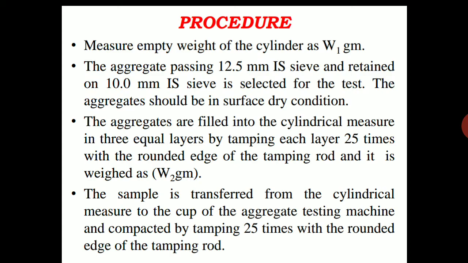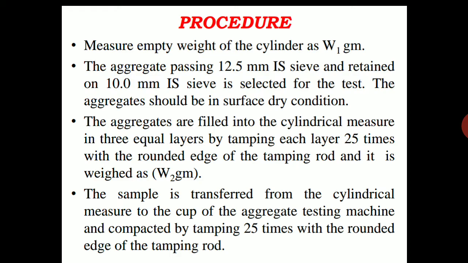These aggregate samples are placed in the cylindrical measure in 3 layers, and each layer is tamped 25 times. The tamping is done using the tamping rod, which has a diameter of 16 mm and a length of 600 mm.